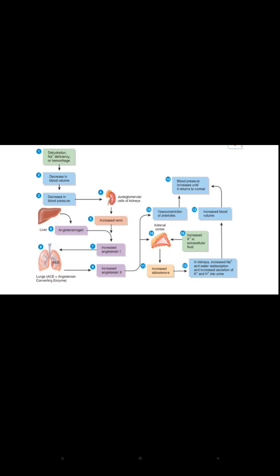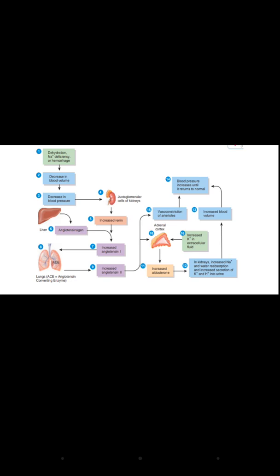If the person has dehydration, a sodium deficiency, or hemorrhage, there will be an automatic decrease in the blood volume. Because of that, the blood pressure will decrease. Because of decreased blood pressure, the kidney's juxtaglomerular cells will secrete a hormone called renin.